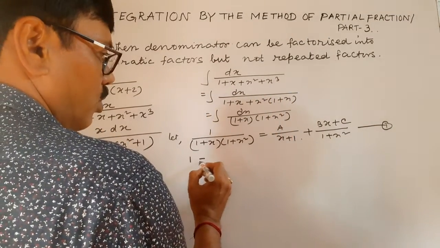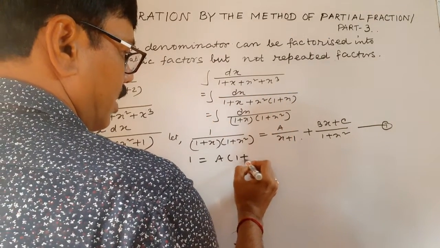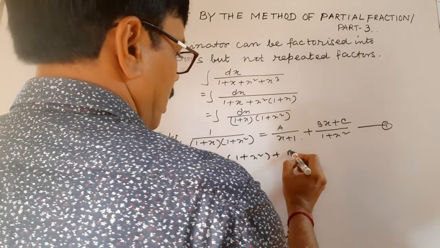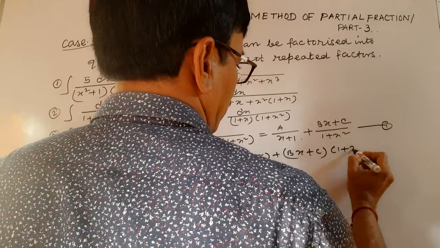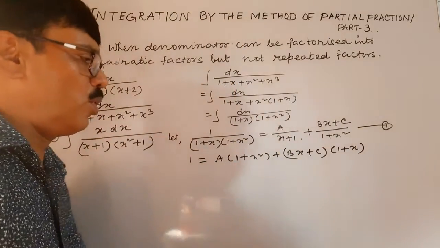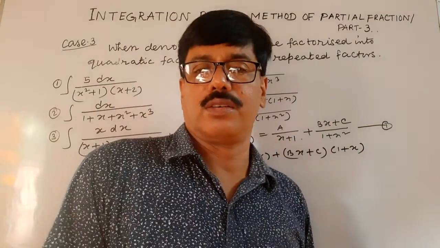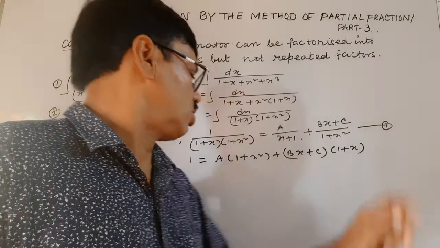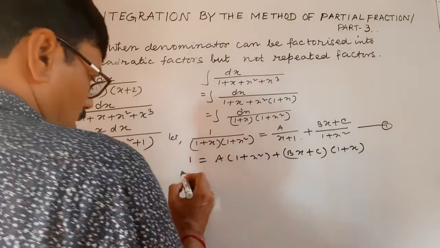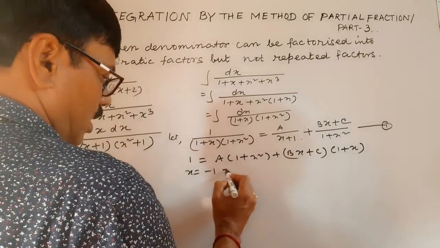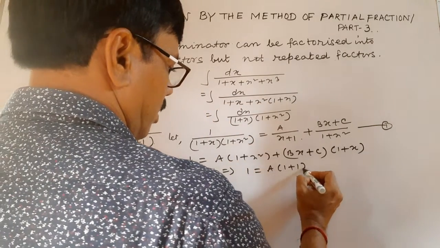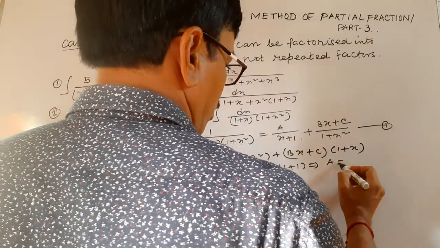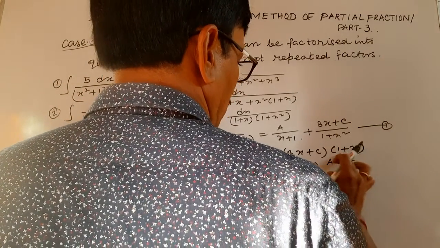So 1 equals A into (1 plus x square) plus (Bx plus C) into (1 plus x). Now if we put x equals to minus 1, this factor is 0. So x equals minus 1 implies 1 equals A into (1 plus 1), which implies A equals half, because this part is 0.